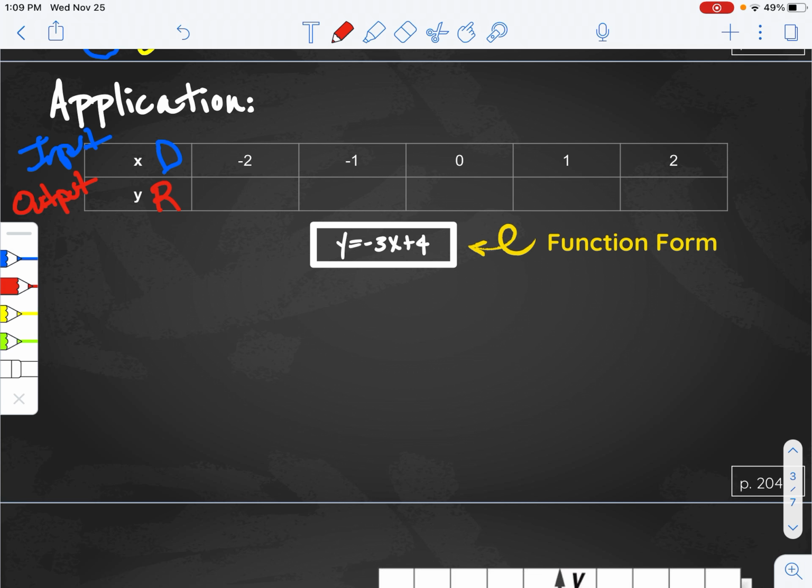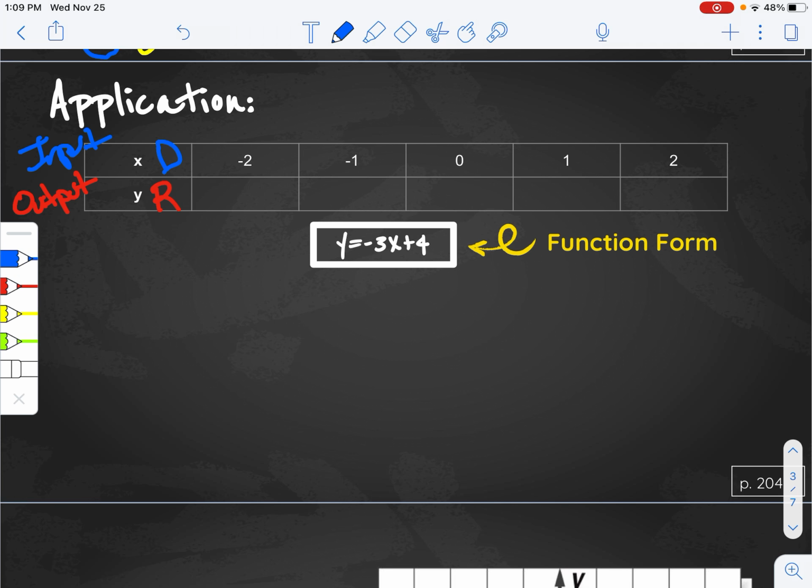A lot of times when we write it, you'll just see the D and the R. We won't write out the full words. Right now we have our input, we don't know what our output is yet, but then you see in this white box, we have y equals negative 3x plus 4.